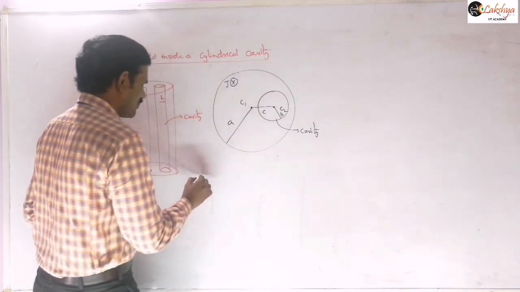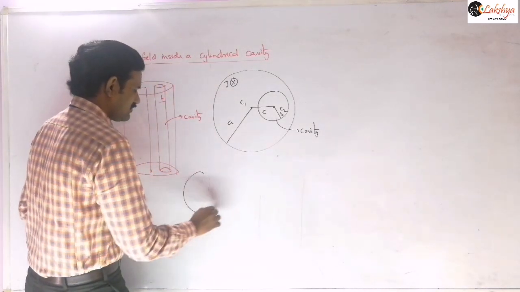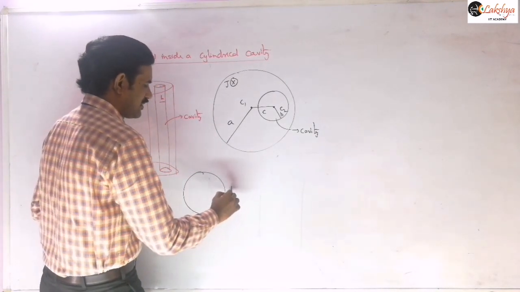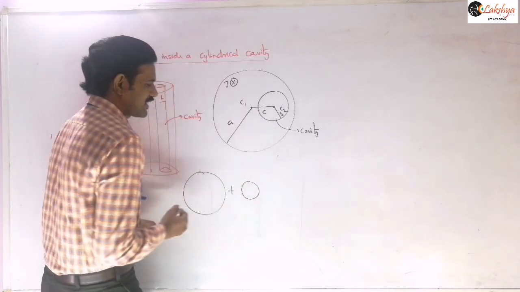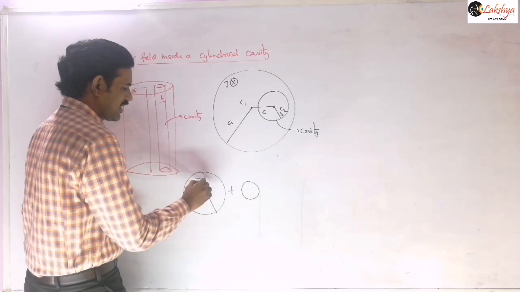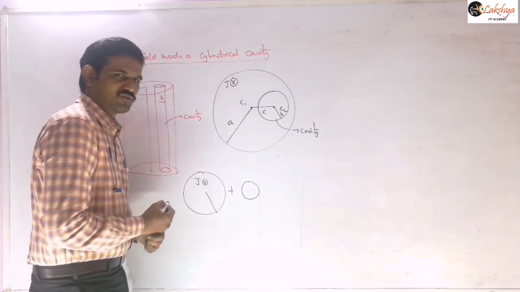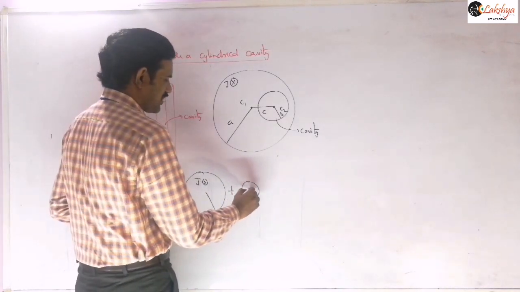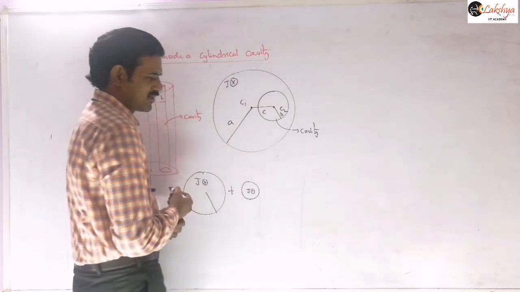So if this is the cylinder, plus instead of the cylinder cavity we are assuming, this whole cylinder has some current density, suppose into the plane, and this one has the same current density out of the plane.